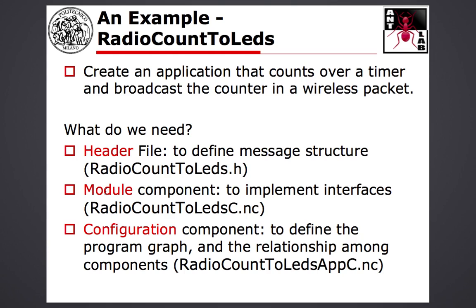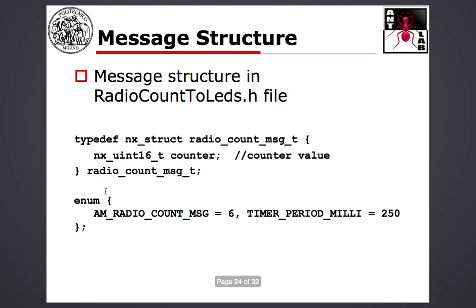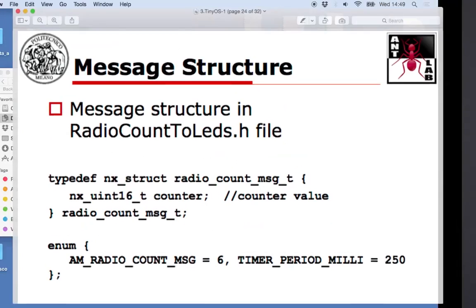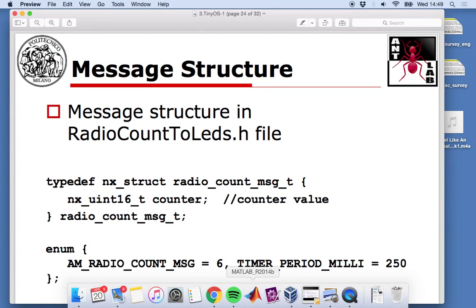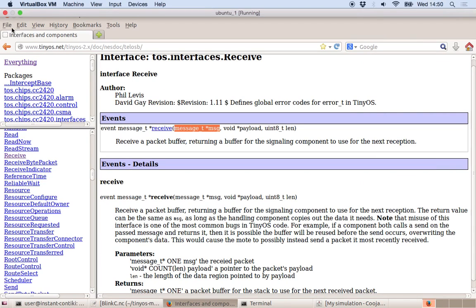This is an example which is called radio count to LEDs, and is again inside the application folder of TinyOS. So let's quickly look at the code and try to simulate it in Cooja so that we are done for today. In order to look at the code, I will open it.